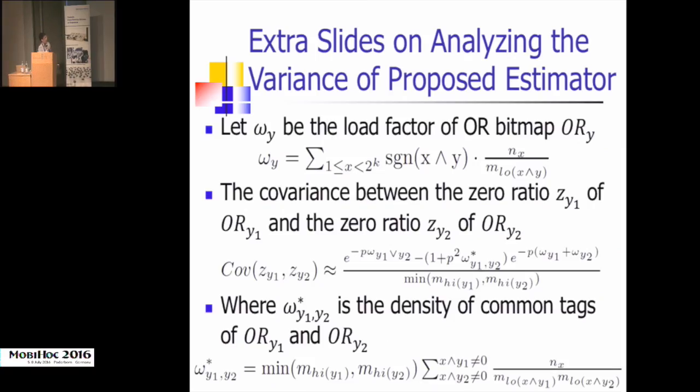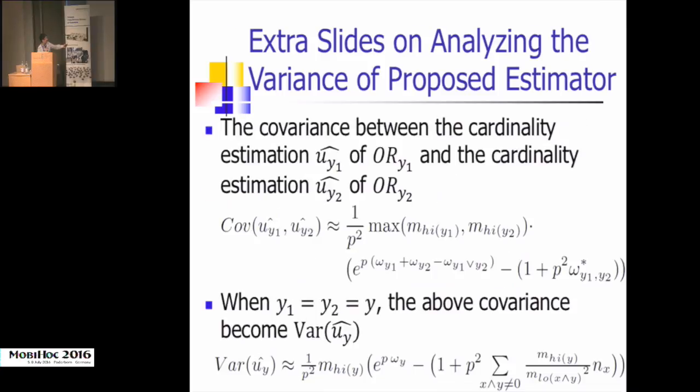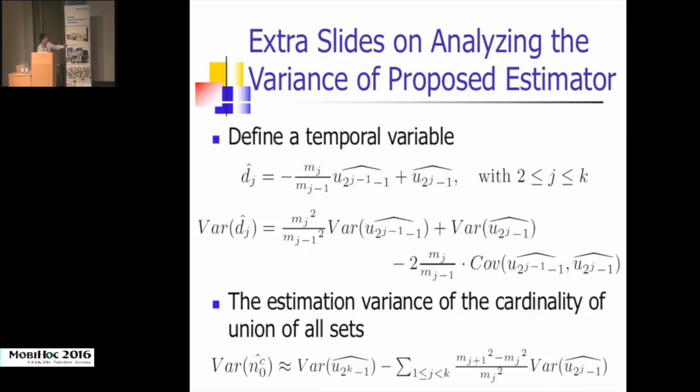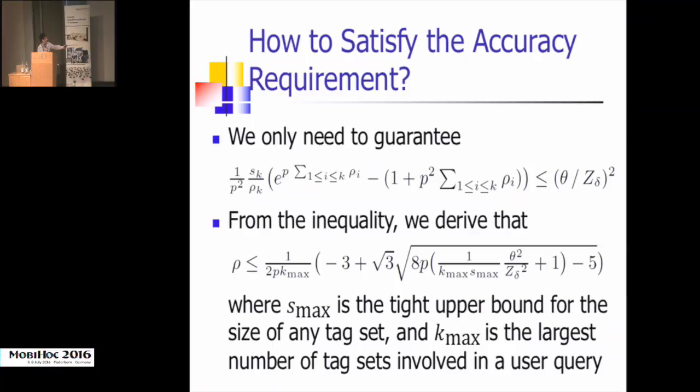The following part is extra slides about the variance analysis of our estimators. This is a really difficult and tedious part. You can just skip it. You can just see the final result. After all this analysis, we show that it's better to configure the frame size and the load factors to satisfy this inequality. So this is the end of my talk. Thanks.